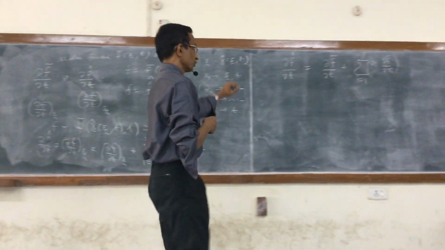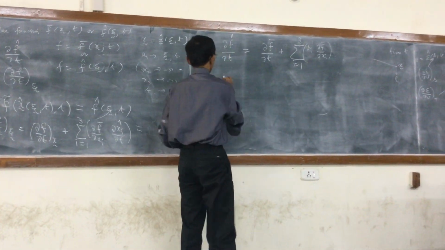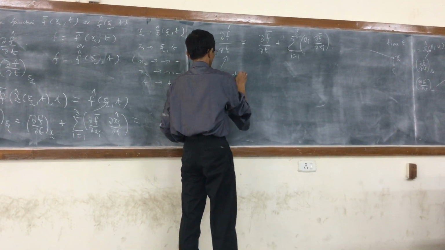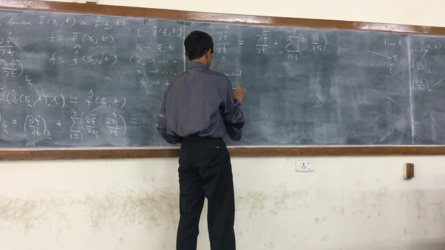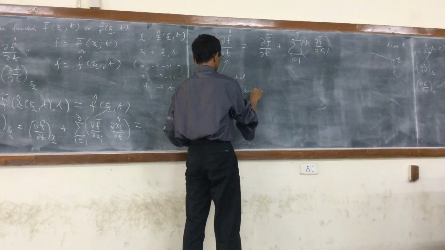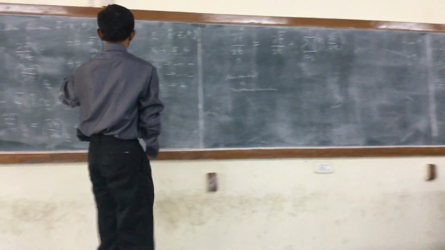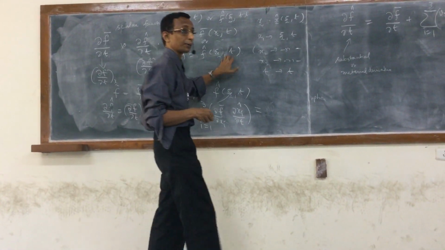But this is still different. So the material derivative, which is often referred to as the substantial derivative of any function with respect to time, means we are looking at the representation of that function as a function of the material coordinates and time.